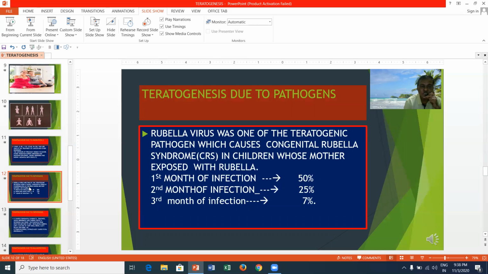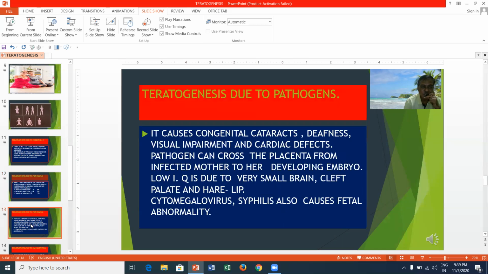Here you can see the teratogenesis due to pathogens. Rubella virus is one of the teratogenic pathogens which causes congenital rubella syndrome. CRS means congenital rubella syndrome in children whose mother was exposed to rubella. Infection in the first month carries 50% risk, second month 25%, and third month 7%.